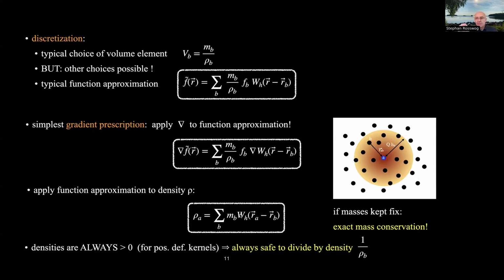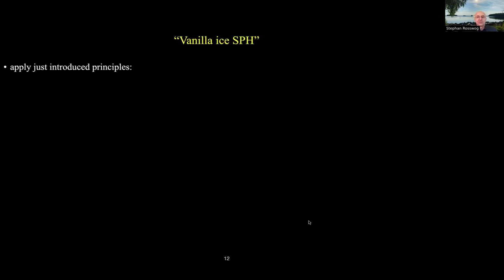At the minimum, even if there's no other neighbor, which should never happen, you would still have the contribution from the particle itself, which is non-zero and positive. But this is again just a choice. If you want to solve the continuity equation explicitly, this is another thing that one can do.